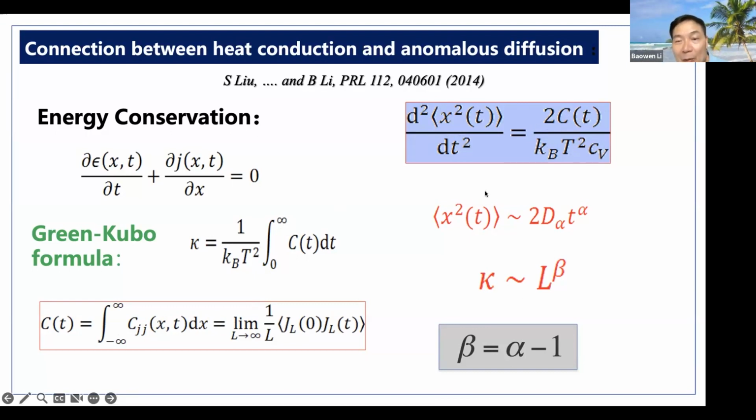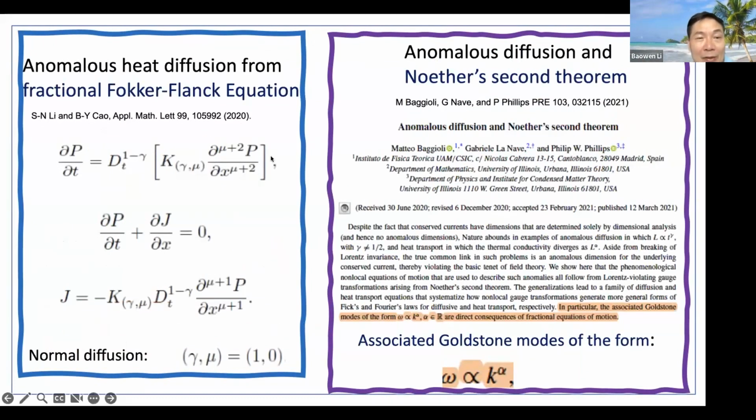So from that one, if we have a divergent thermal conductivity like this, we get beta is alpha minus 1. So far we have two formulas. This puzzled me for about 10 years. And in 2020, another group from Tsinghua University studied this from the fractional differential Fokker-Planck equation.